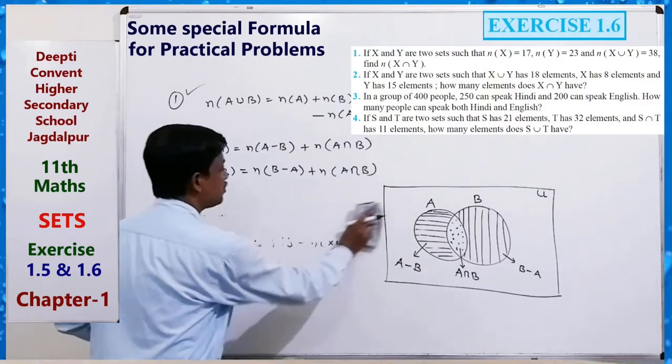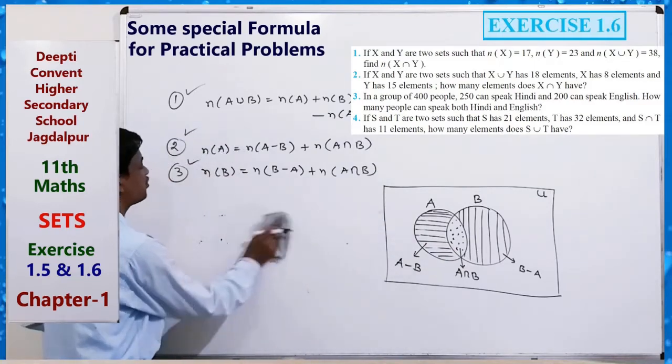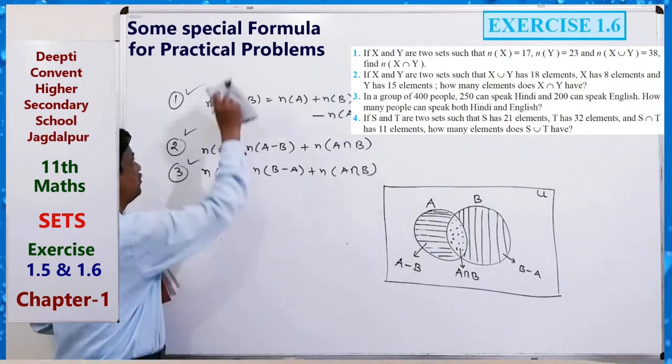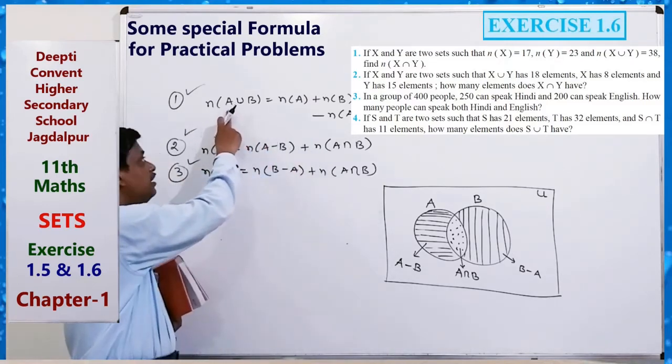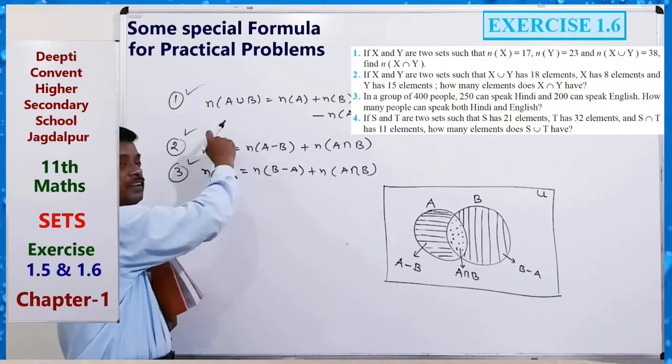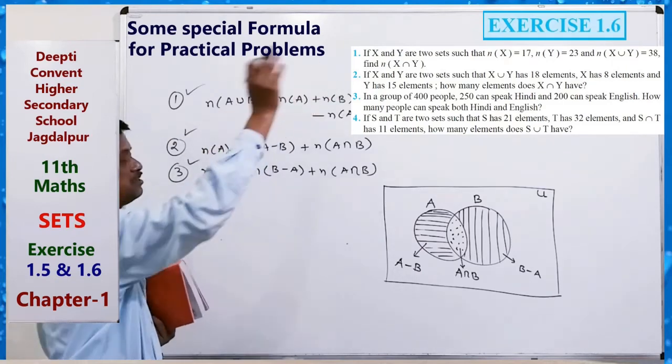The third question you can also solve by using the first formula. If A is for Hindi and B for English, then use this formula.